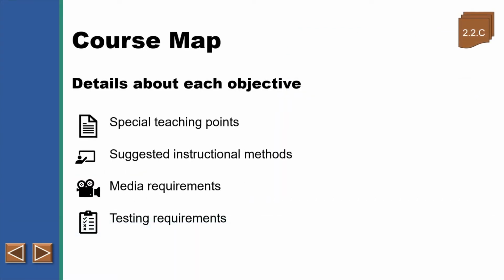The map should include a list of all the objectives, and then each objective should include some details, and these are the 4 details that they said should be included. The first is special teaching points. The second had the most discussion or had the most related issues, topics in different sections.